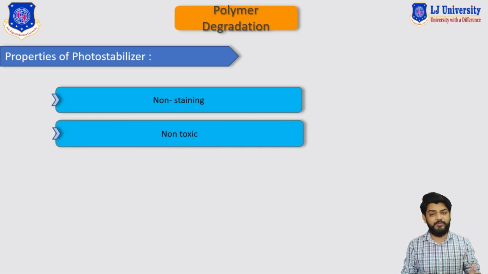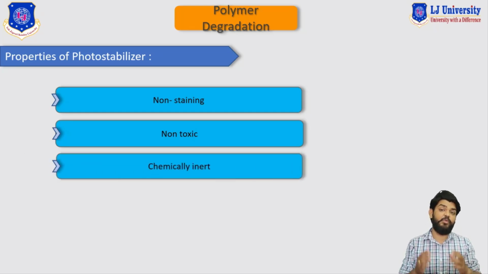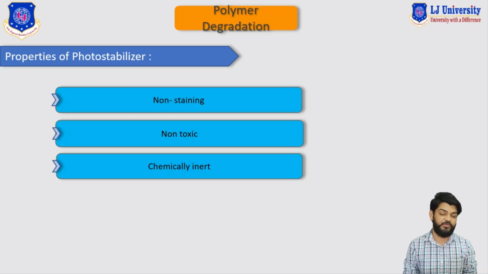Then the second property of the photostabilizer is that it should be non-toxic, as our polymer should be non-toxic, which means on the application of heat there should not be generation of any toxic gases or toxic chemicals that can be harmful for the environment. And the last property of the stabilizer is that it should be chemically inert.